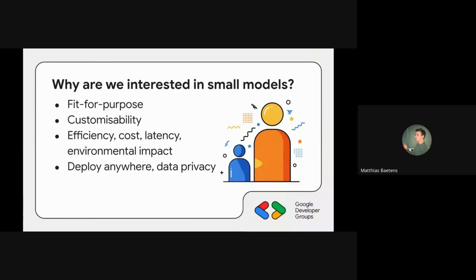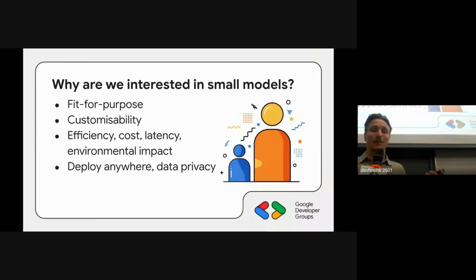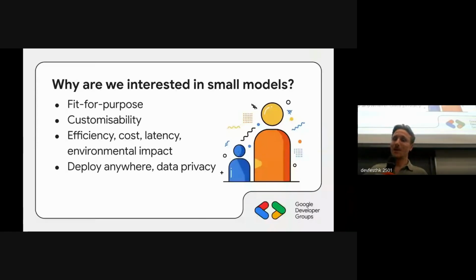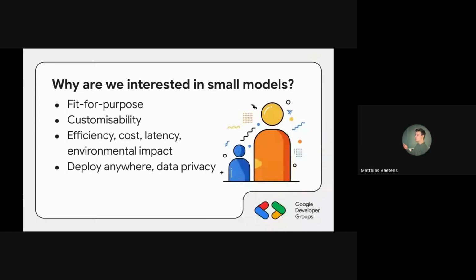And with that comes efficiency. Small models use less computation, which lowers your costs and might lower your latency, and if you happen to care about that, it burns less coal and fuel, which gives a better environmental impact. What's also nice is you can take the model and deploy it anywhere.